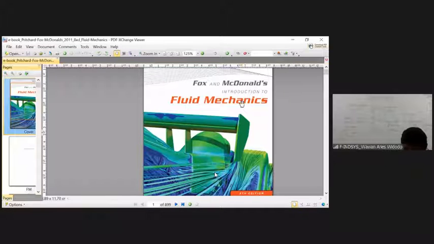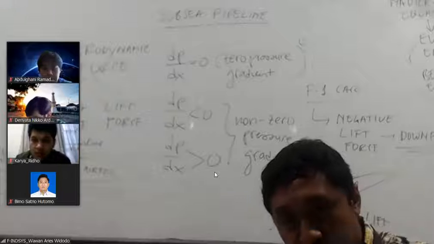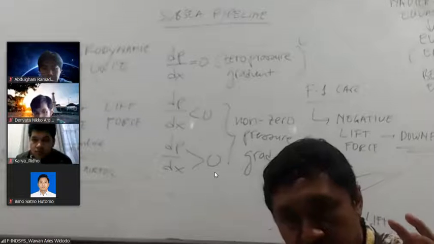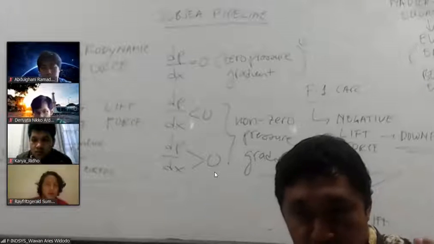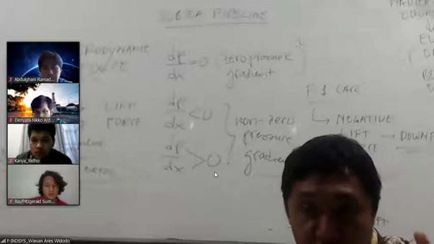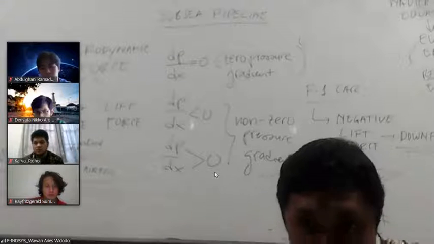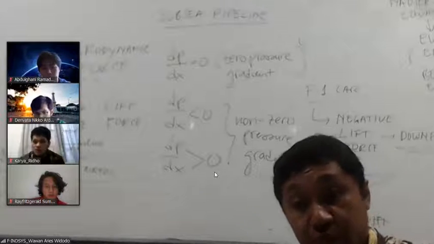Okay, sorry, I forgot. As I mentioned in the WhatsApp group, you must set up groups. Each group consists of 4 students. In this class we have 40 students, so we have 10 groups.